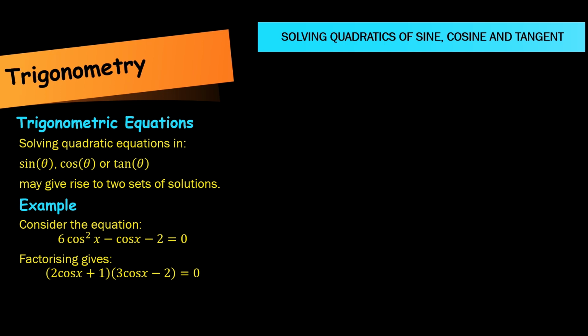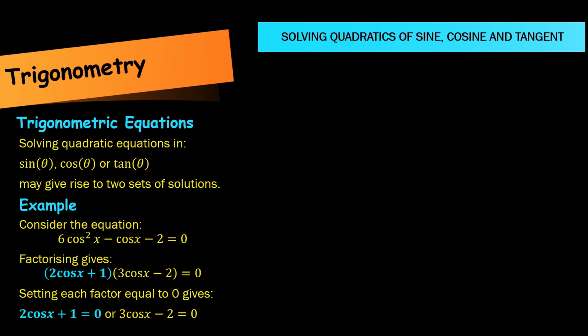Factorising gives us 2 cos x plus 1 times 3 cos x minus 2 equals 0. Then setting each factor equal to 0 gives either 2 cos x plus 1 equals 0 or 3 cos x minus 2 equals 0.